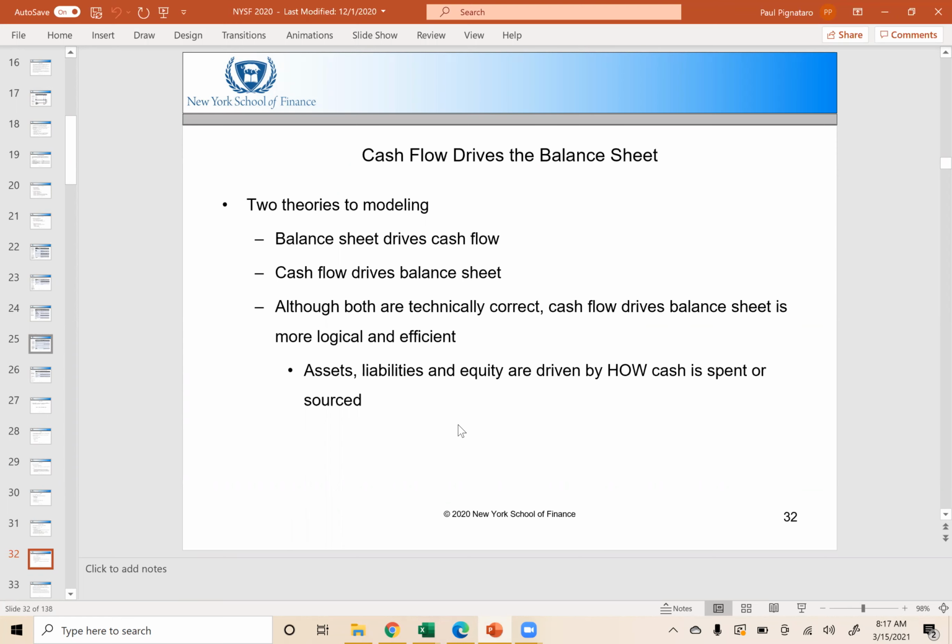You can build an income statement and a balance sheet and then back into the cash flow statement, or you can build an income statement and a cash flow statement and then have the cash flow drive the balance sheet. So I am using the cash flow drives the balance sheet method because it's more common, and I believe it's a lot more accurate and it's more logical. Cash flow drives the balance sheet. And let me explain that a little bit more.